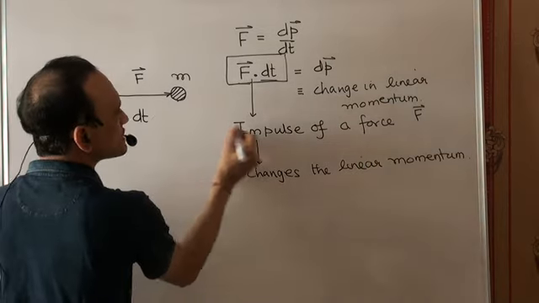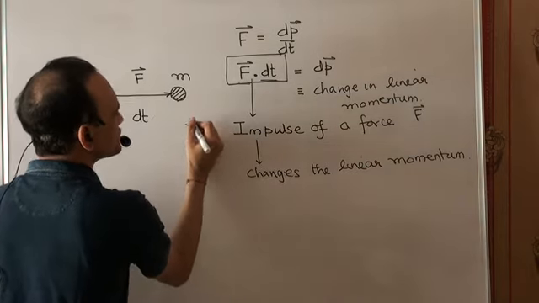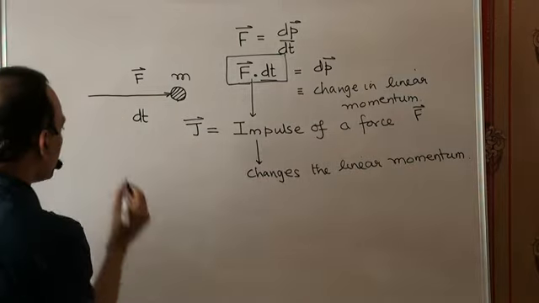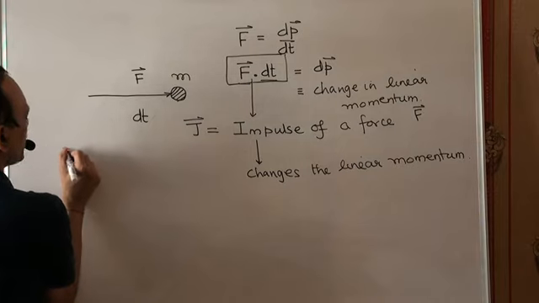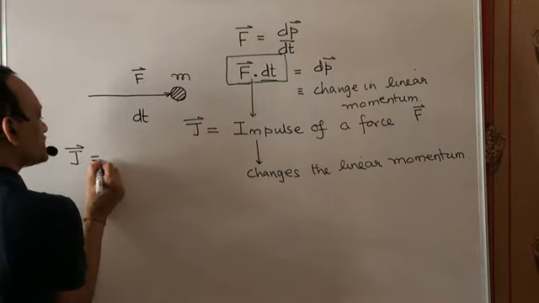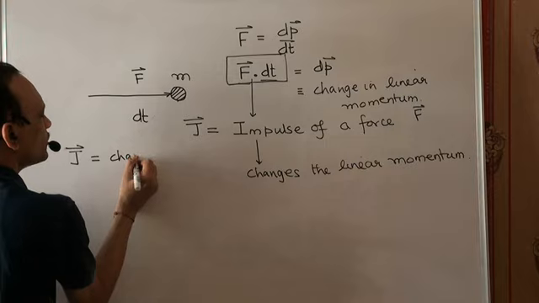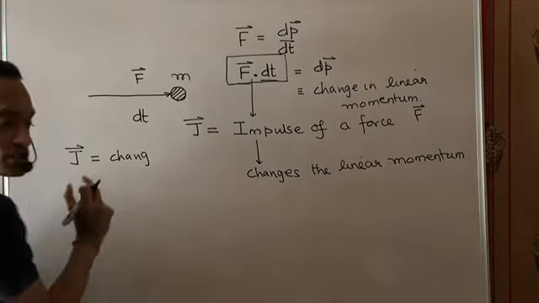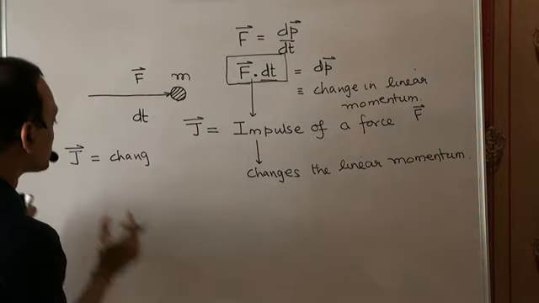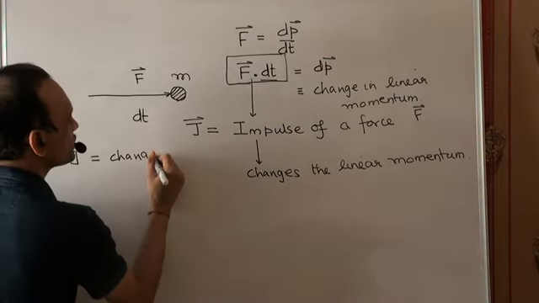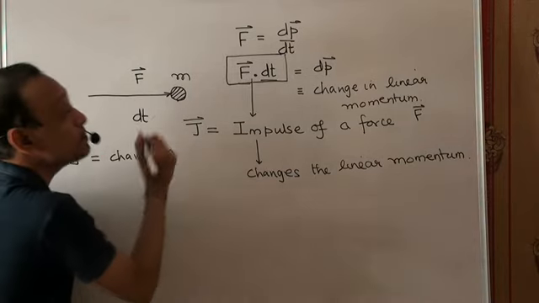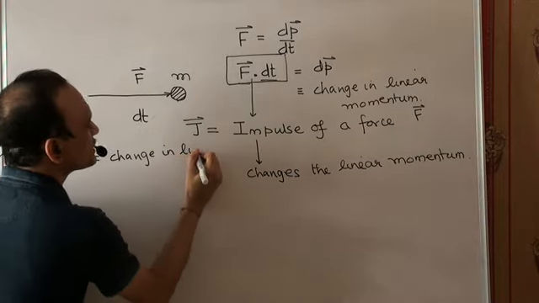This impulse, F into the time for which it acts, is given by the symbol J. J, the impulse acting on a particle, is force into the time for which it acts, this very short period for which this large force acts. And what does it do? The effect of the linear impulse is change in linear momentum.